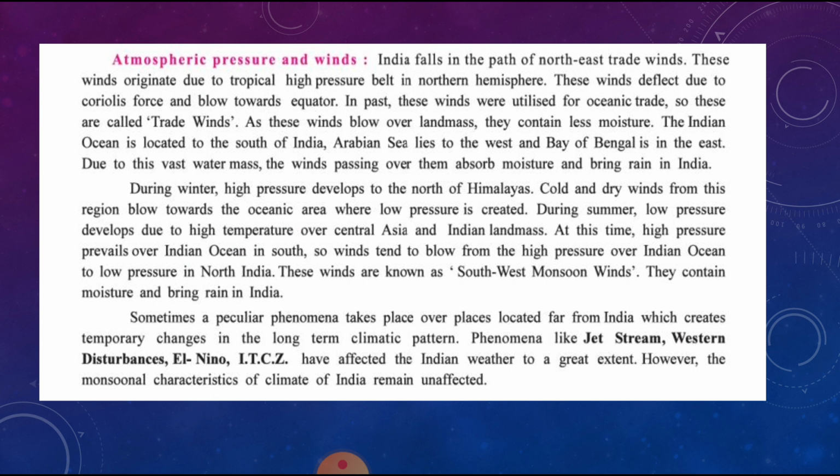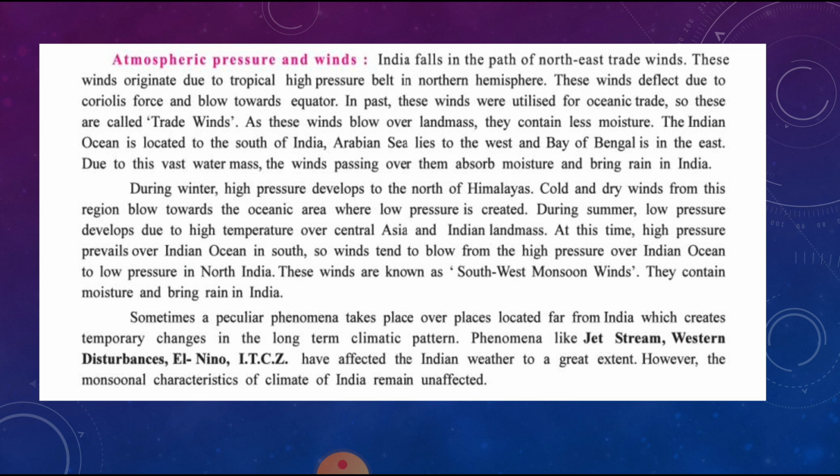Now we will see atmospheric pressure and winds. India falls in the way of the northeast trade winds, which originate from the tropical high pressure belt in the northern hemisphere.